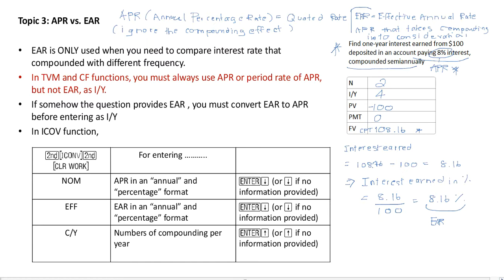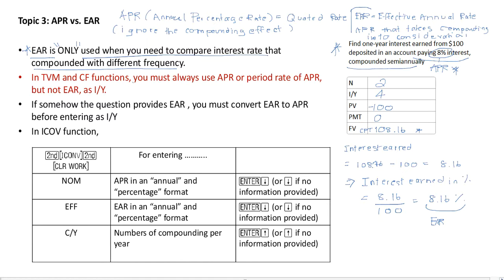Okay, so this is just a brush-up on the idea of APR and EAR. Then come to what I put in your review PowerPoint: when we are going to use EAR and when we are going to use APR. Just remember that EAR will only be used when you need to compare interest rates quoted with different frequencies. That is the only situation where we use EAR.